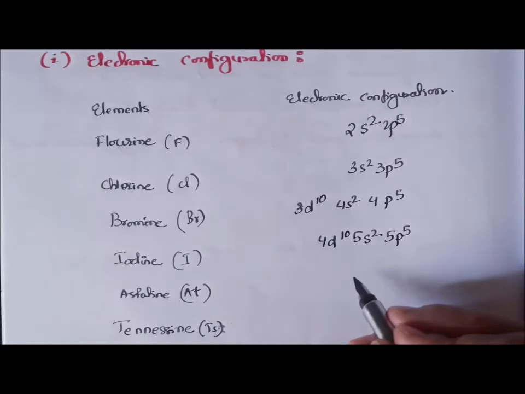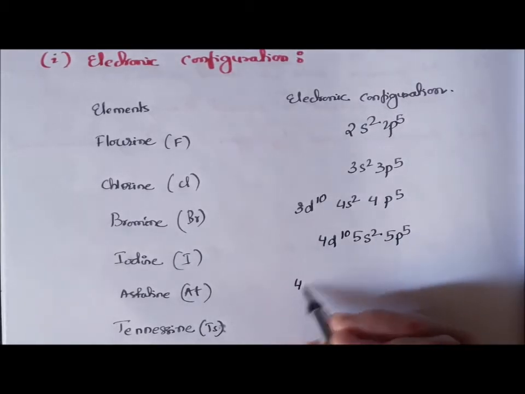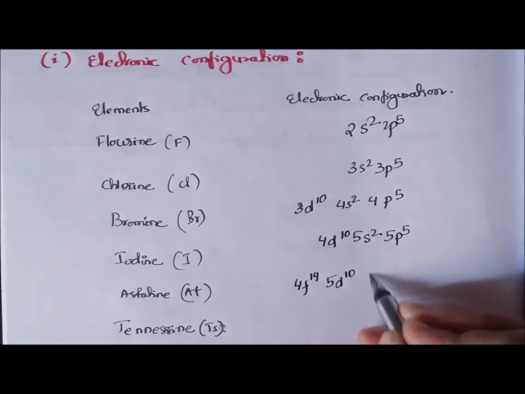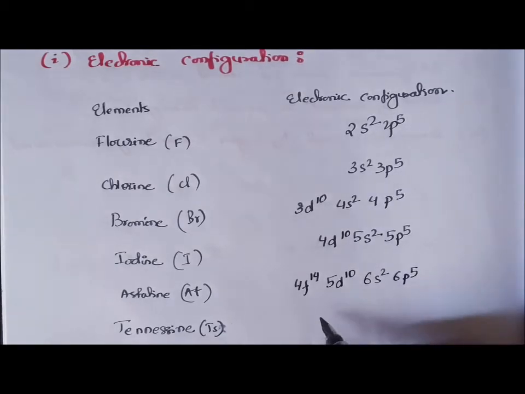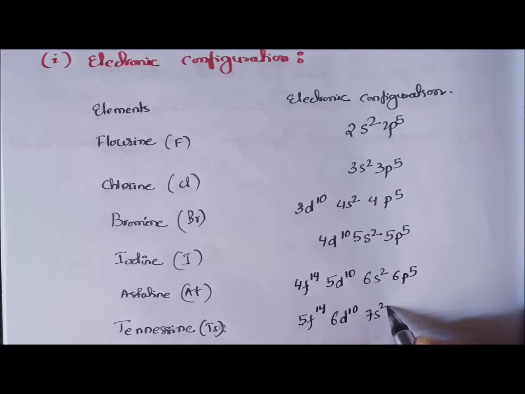And astatine, it is in the 6th period, so from the 6th period the f block starts, so 4f14, then 5d10, and in 6, so 6s2 6p5. And tennessine, 5f14, then 6d10, from there the 7th period, so 7s2 7p5.